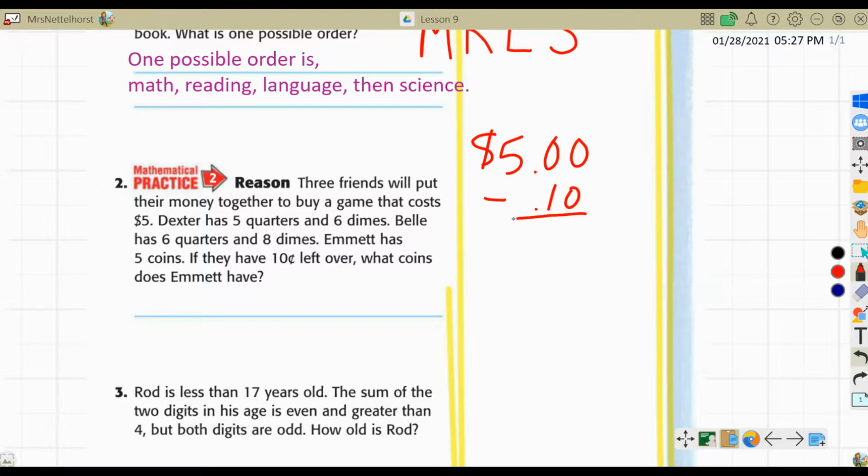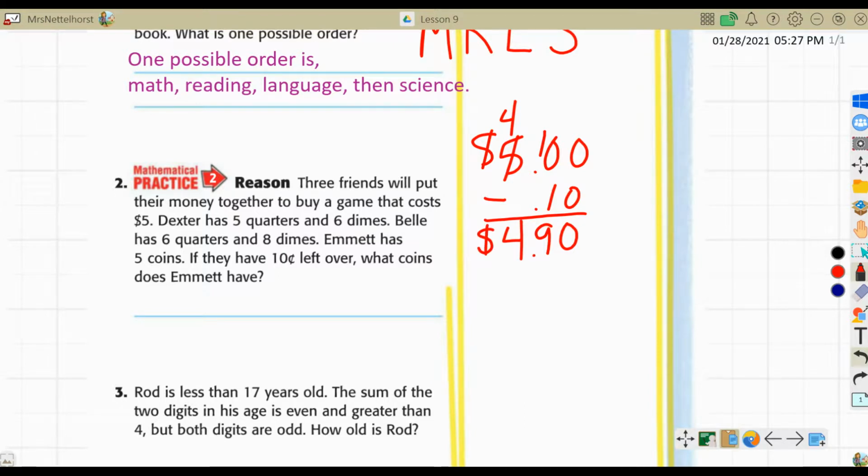So I'm going to subtract in my ones place. 0 minus 0 is 0. 0 minus 1 I can't do, but I can borrow from the 5, make it a 4, make the 0 into a 10. 10 minus 1 is 9, and 4 minus nothing is 4. So $4.90 is what they have left.